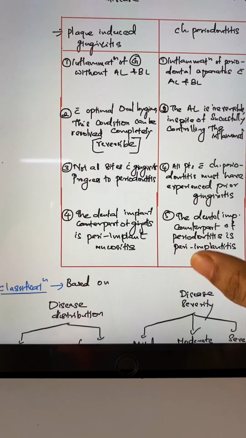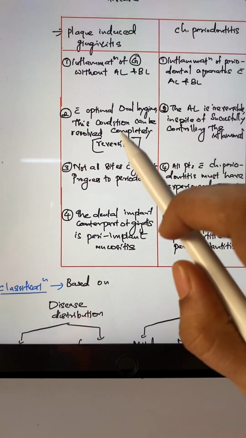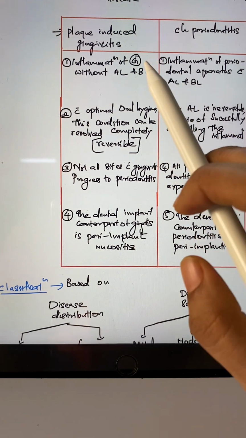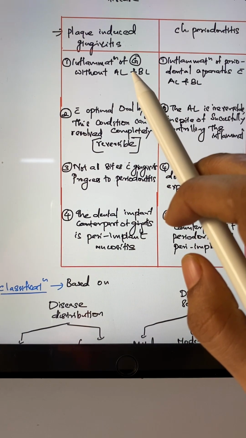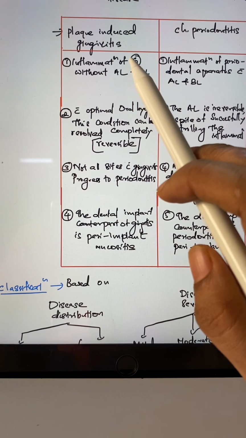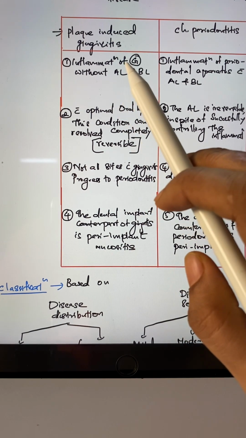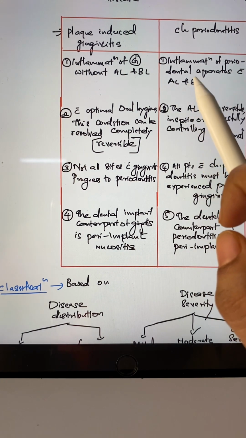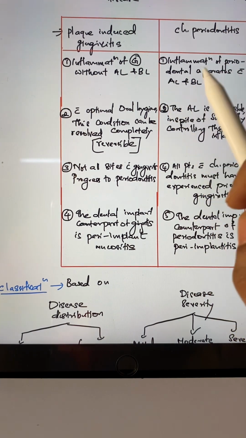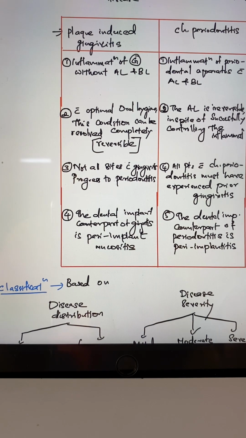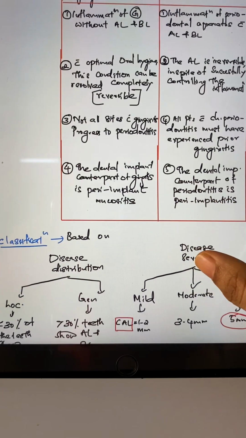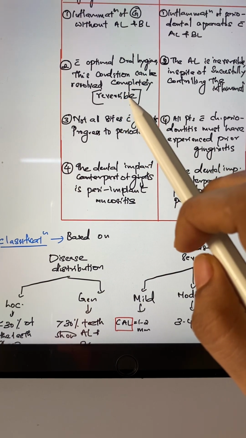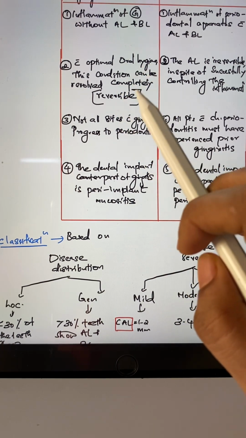Then sometimes plaque-induced gingivitis and chronic periodontitis can be confused. Plaque-induced gingivitis means the inflammation happens only at the gingival level, not into the periodontium. Whereas in chronic periodontitis, attachment loss, bone loss, everything can be seen. Gingivitis is reversible if we give proper oral hygiene measures; it can resolve completely.